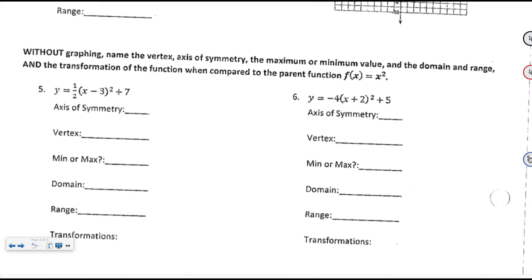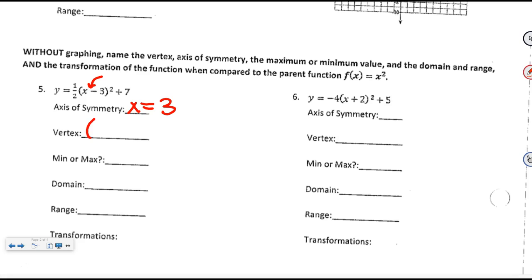Next step, without graphing, can you name the vertex, the axis of symmetry, max or min, domain and range, and all the transformations? So again, the axis of symmetry comes from x equals the x coordinate of the vertex. We want to say -3, but remember it's the opposite of what you would think.